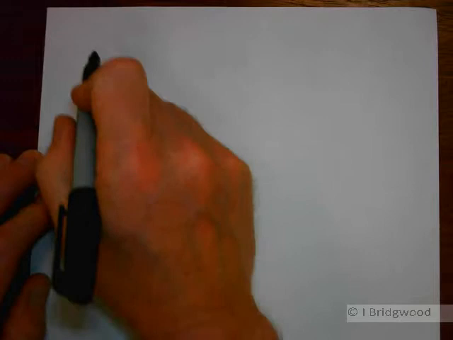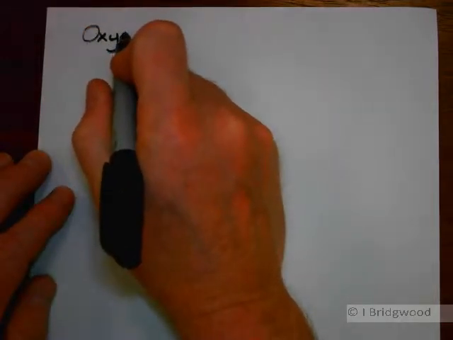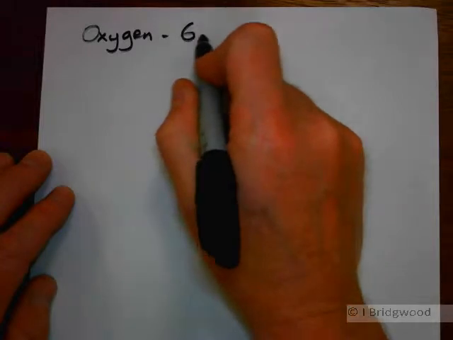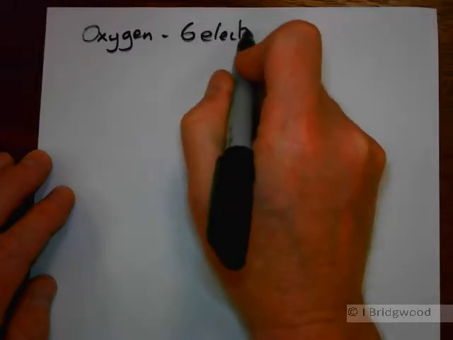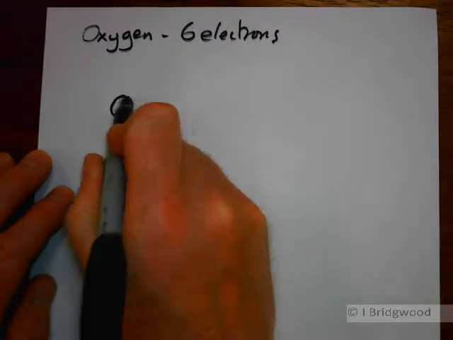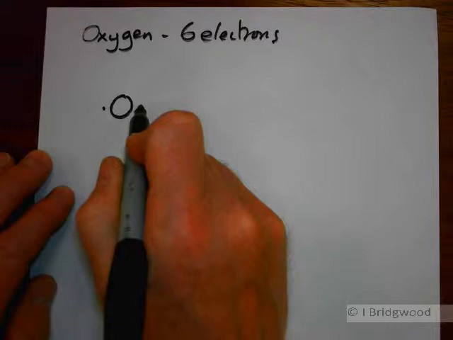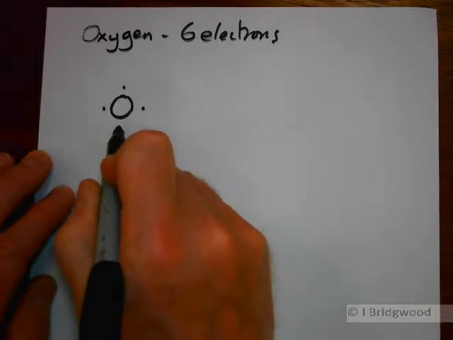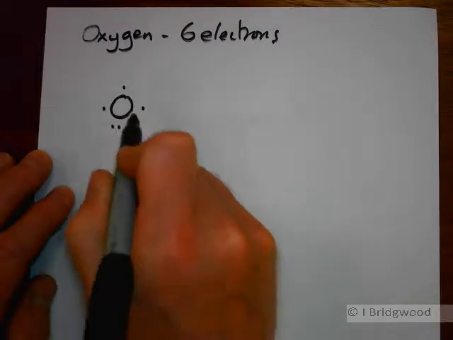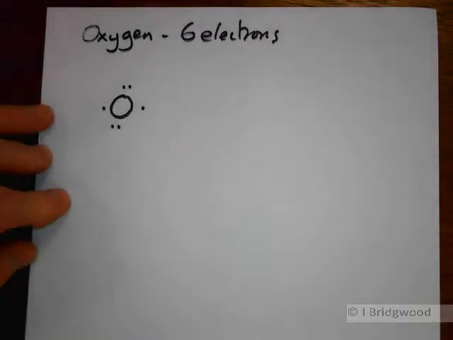Now oxygen has 6 electrons in its outermost shell. And we can represent those electrons around the oxygen by putting 1, 2, 3, 4, and then I will pair up to give 6 electrons like that.